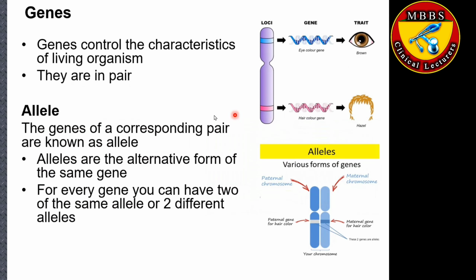Then what are genes? Genes control the characteristics of living organisms. They are in pairs, right? So you can see this is a chromosome and this is a gene. Loci is the position of the gene on the chromosome.